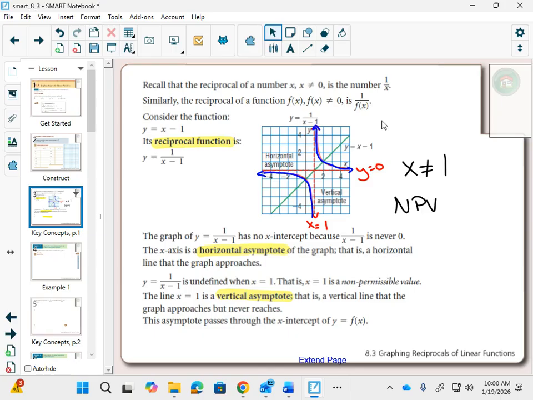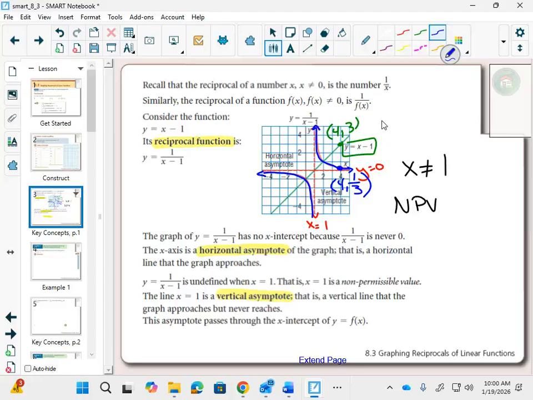Now, look at the green line. The green line is y equals x minus 1. And I'm going to label a couple of points on there. For example, on the green line here, I have (4, 3). All that happens on a reciprocal function is that now the x minus 1 is on the bottom.